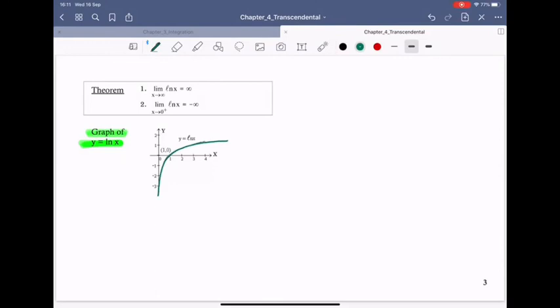The graph will not touch the y-axis. Even though I draw it and it looks like it touches the y-axis, it will not touch the y-axis. When you take the limit of log x as x goes to plus infinity, it is going up forever, but going up slowly. So the limit of log x as x goes to infinity is plus infinity.